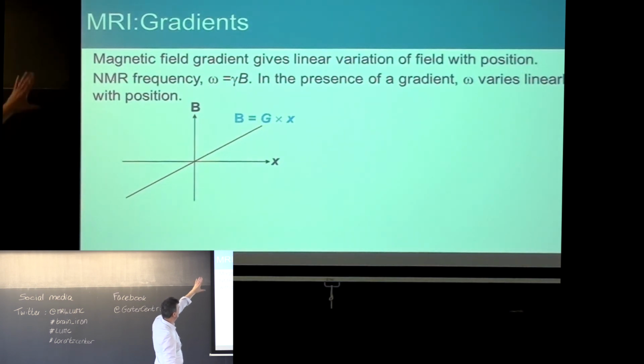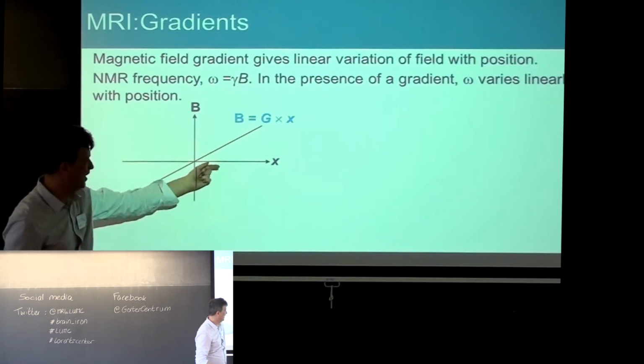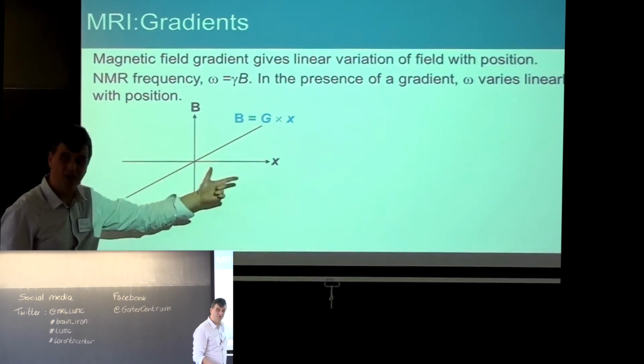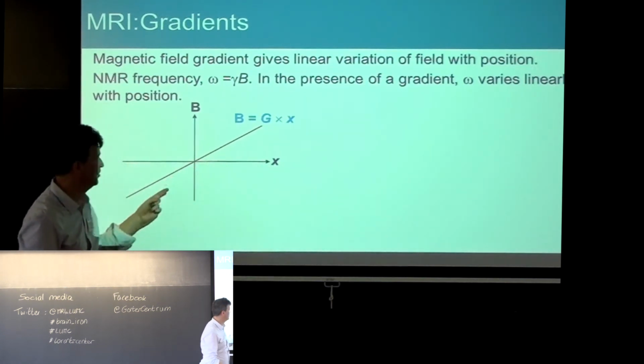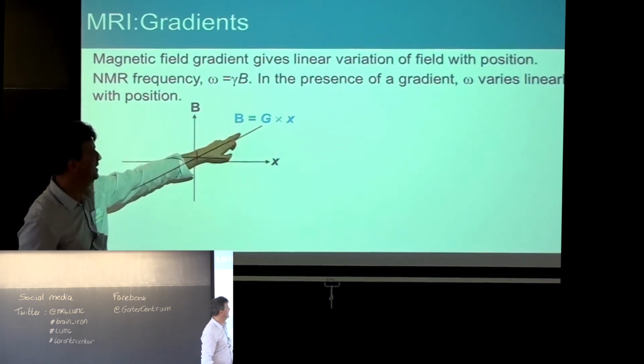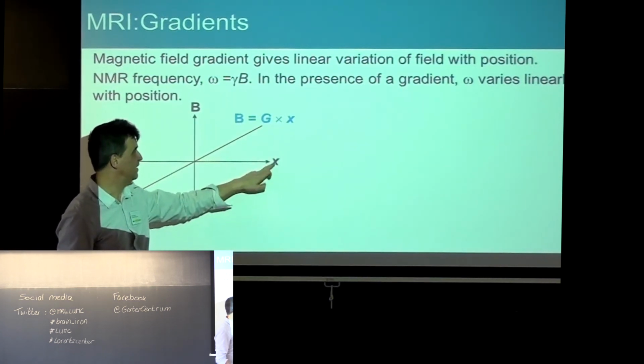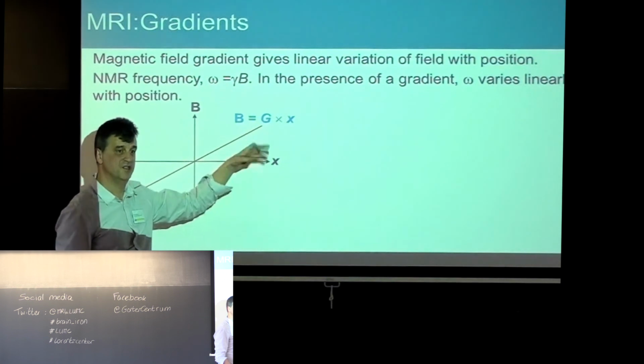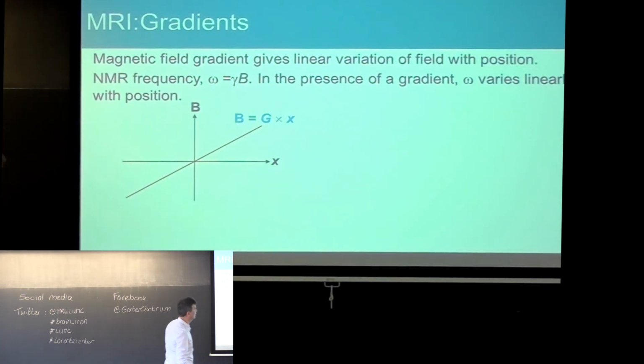Magnetic field gradients are at the heart of magnetic resonance imaging. A magnetic field gradient is a linear variation of the magnetic field with position. In this case I'm showing the variation in just one direction, the x direction. So the magnetic field is a linear function of x, and the rate of variation is G, the gradient strength.